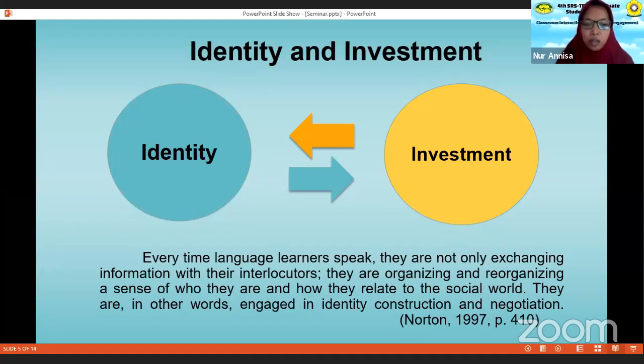They are, in other words, engaged in identity construction and negotiation. As Norton mentioned, identity is unfixed. So identity can be constructed or negotiated during a language learning process.